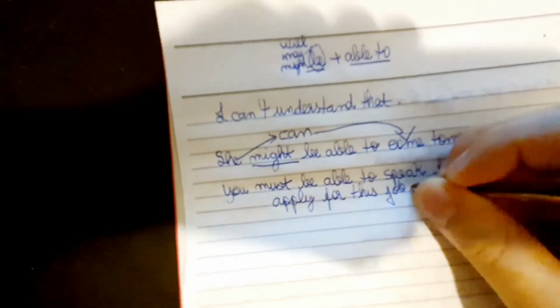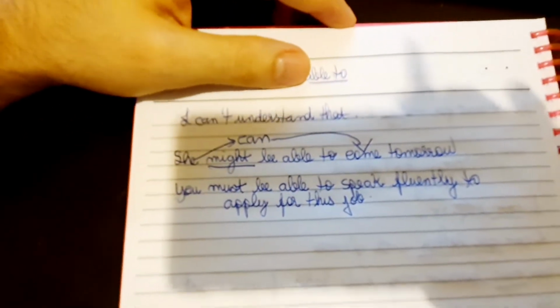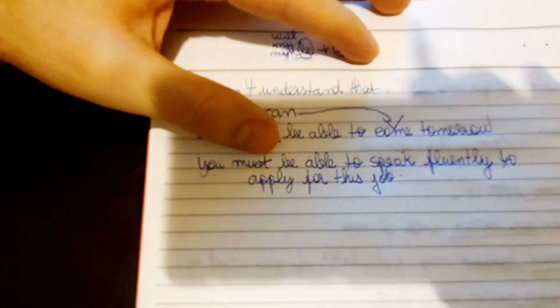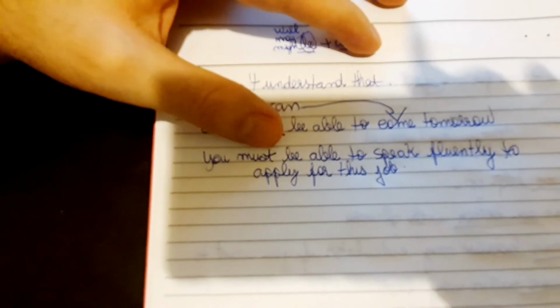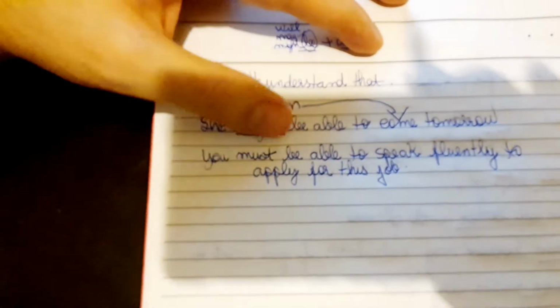Of course, you can apply for this job if you don't have the ability to speak fluently. Must, it's when you express something that has to be done, right? It's a requirement. You could say that must.